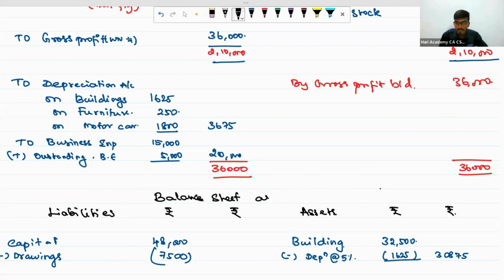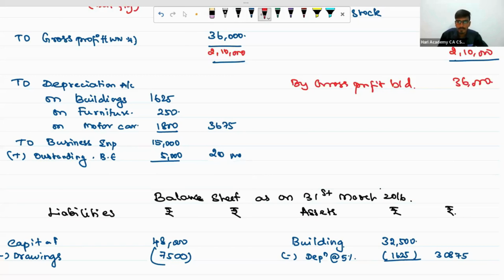If you are done, you can just close the accounts. In your examination, if you have one page, there may be no space. Now subtract the values from 36,000: subtract 20,000, you will get 16,000.